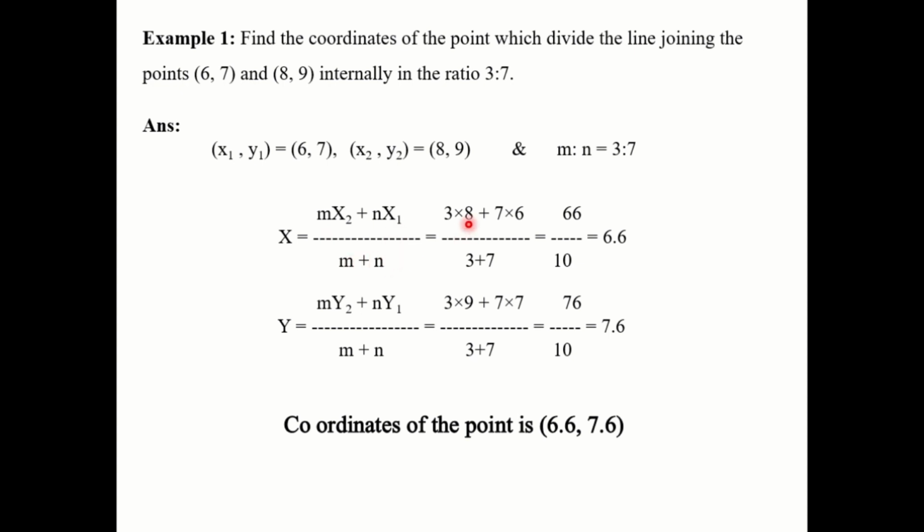Putting in the values, we get x is equal to 6.6. Then y is equal to my2 plus ny1 divided by m plus n, and putting in the values, we get 7.6. So the coordinates of the point are 6.6 and 7.6, where 6.6 is the x coordinate and 7.6 is the y coordinate.